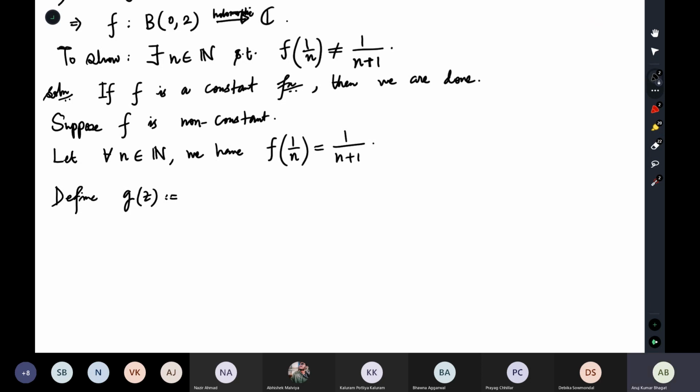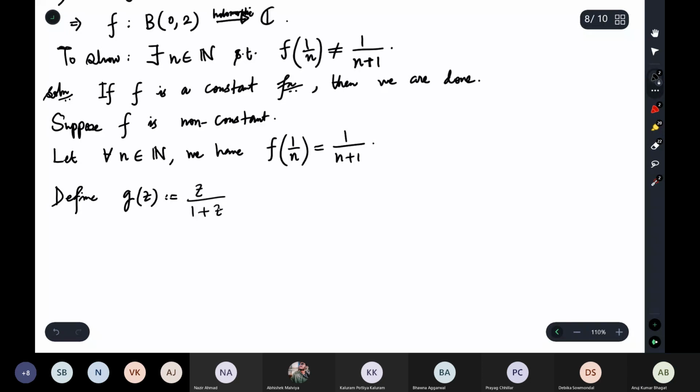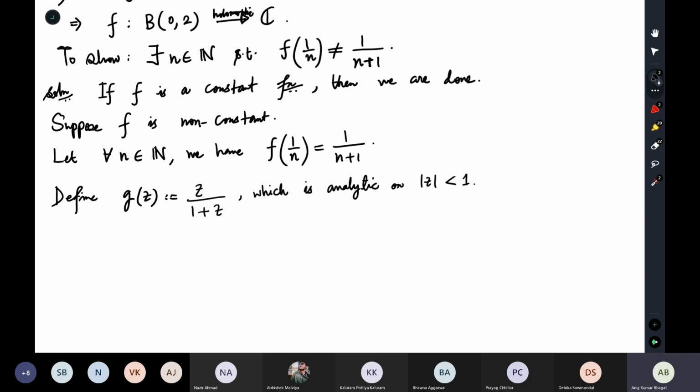I don't know. Let me try it a different way. z/(1+z). I'll tell you why I'm considering this function. It is analytic. Okay, just give me 2 minutes. What is the problem in my proof?